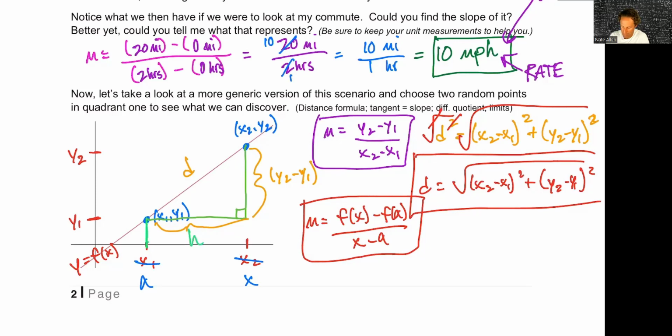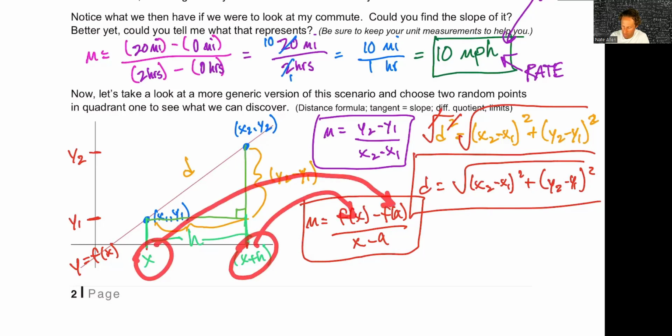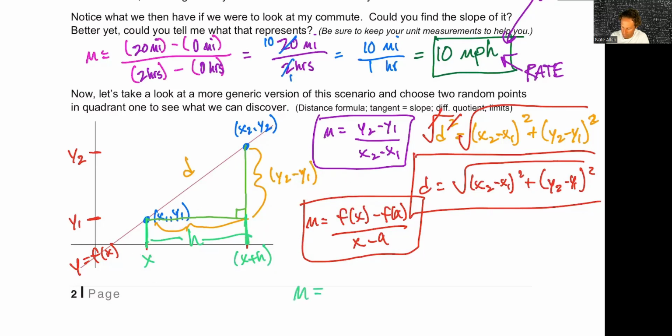Heck if I know how far apart these are, but let's call it a distance of h. So then if this is a value of x, then from x to here would add that distance of h. So then we could say that this is x plus h. And if we did something similar to this one here, where we used the bigger one first and then the smaller one second, our top would look like this.